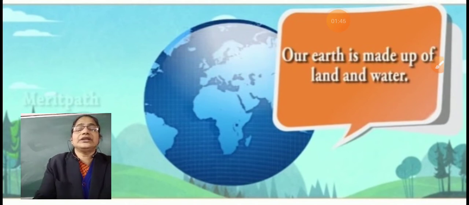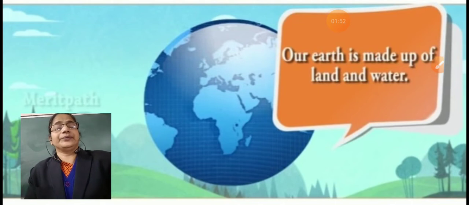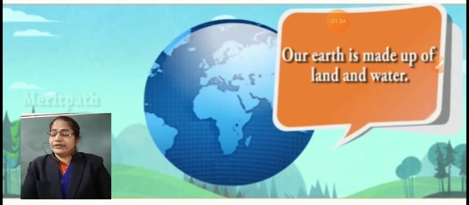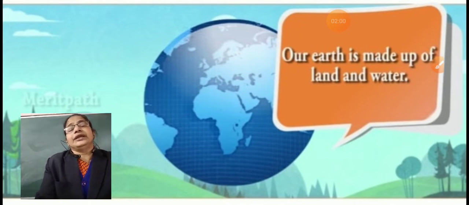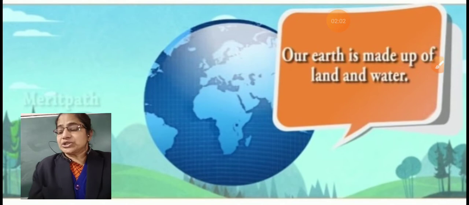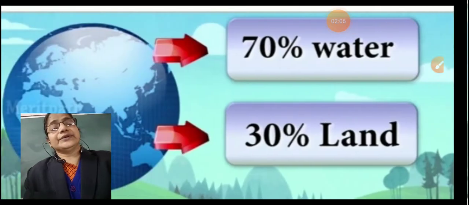Last class we already learned our Earth is made up of land and water. We live on Earth and that is our home. Not only is it our home, but also the home for plants and animals.